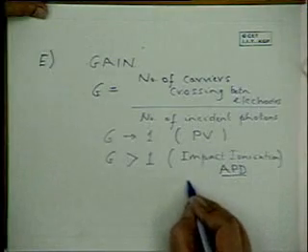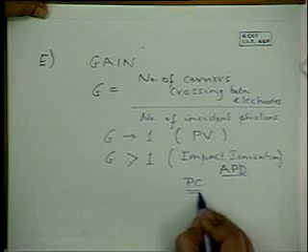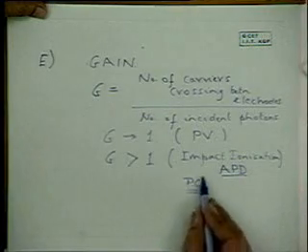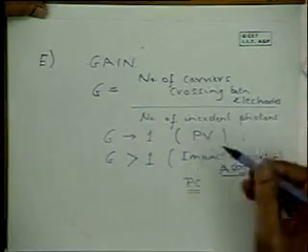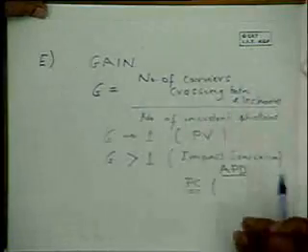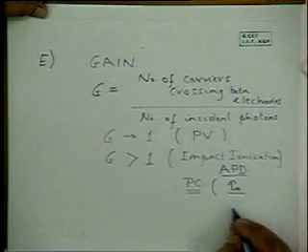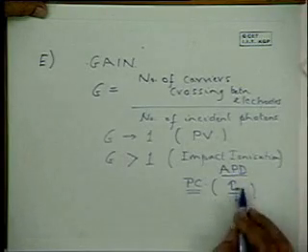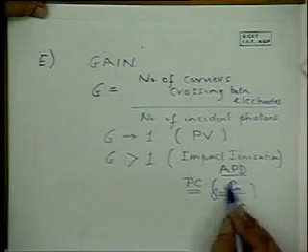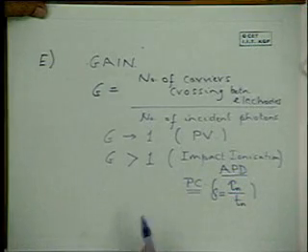And also for photoconductive detectors, we can have gain greater than 1, as we'll see, if the lifetime over transit time, which gives the gain, is greater than 1. Then we can also get gain in a photoconducting detector.